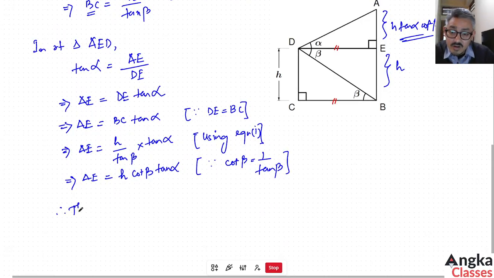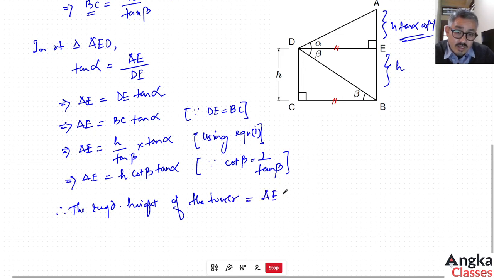So the required height of the tower is equal to EB plus AE.